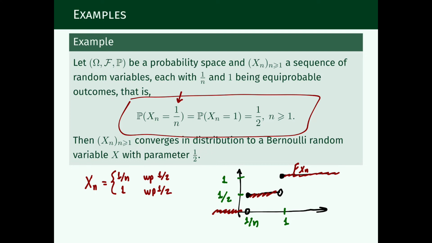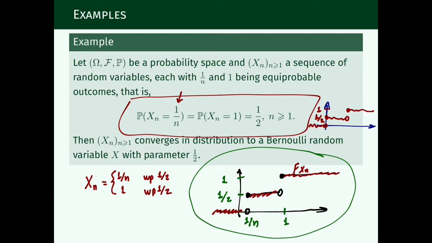What does the cumulative distribution function of a Bernoulli with parameter 1/2 look like? It is 0, then it jumps to 1/2, then it jumps to 1.